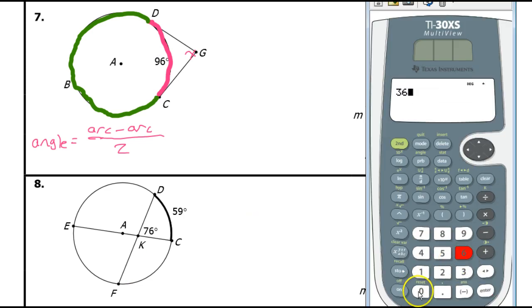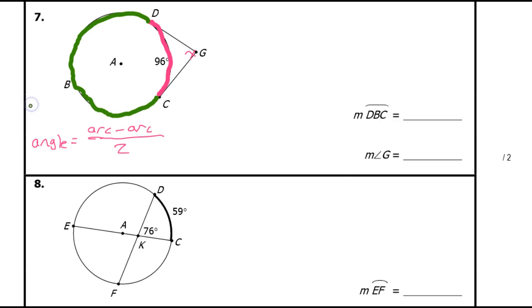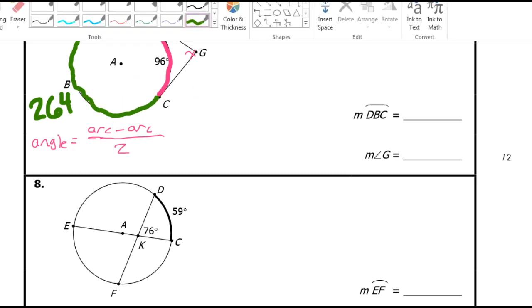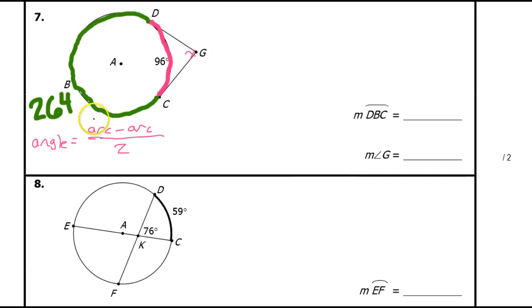So if I go 360 minus that 96, that gives me 264. And that's how you do it. So now I can go ahead and use the formula. So angle equals, so that means I'm going to start off with x because that's the angle. And then big arc minus the small arc divided by 2.